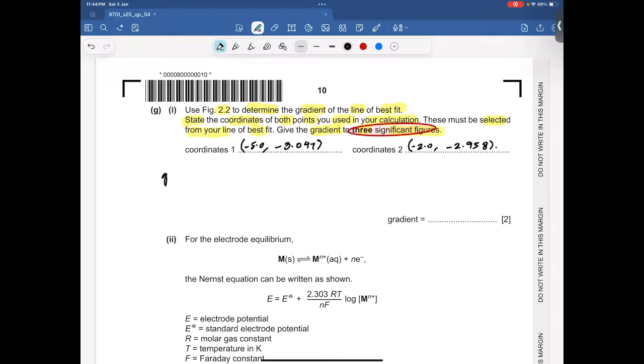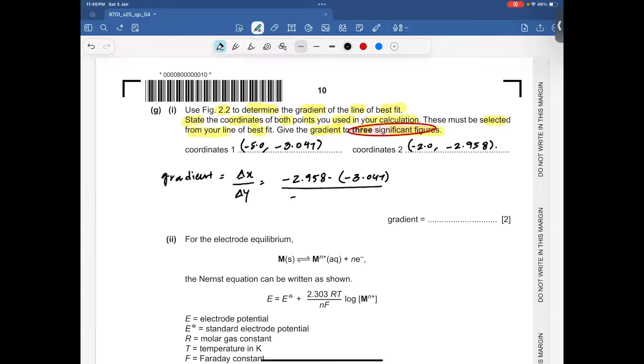So I need to find out the gradient, and gradient is basically delta y over delta x. So delta y is basically minus 2.958 minus minus 3.047, divided by delta x.